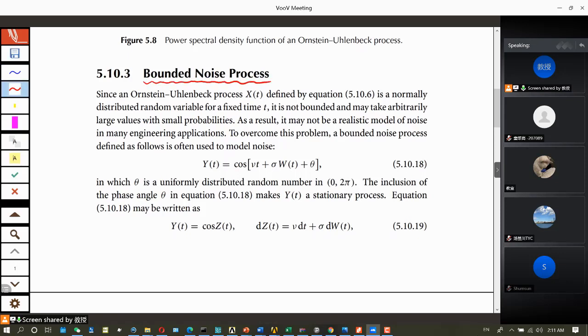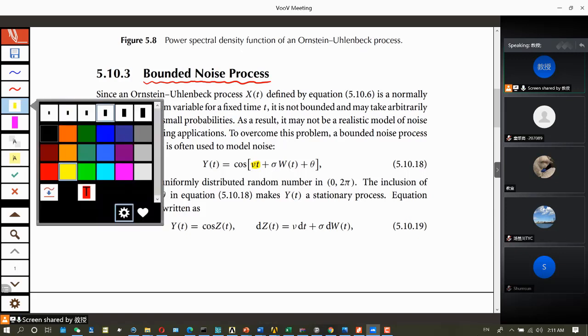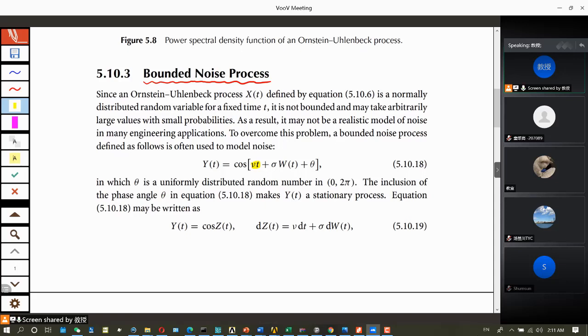Okay, so here we have a cosine function, cosine nu t. If you only have cosine nu t, it's a harmonic function, okay? And we add a random phase angle.